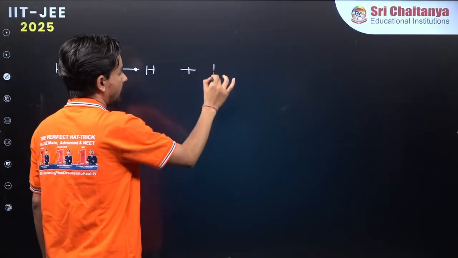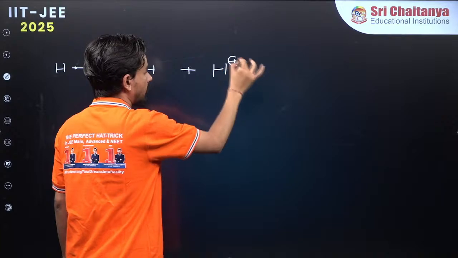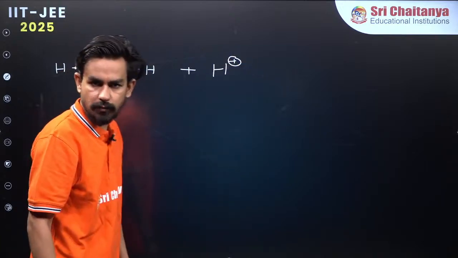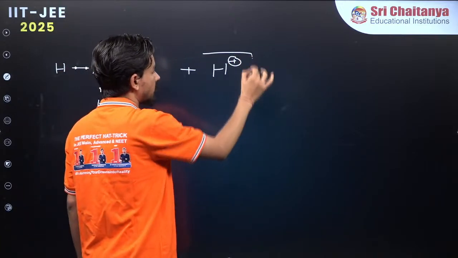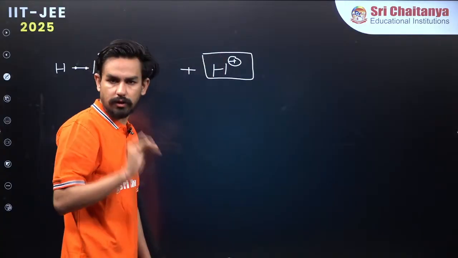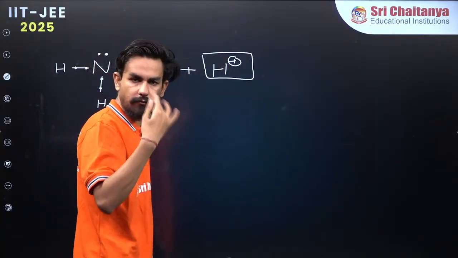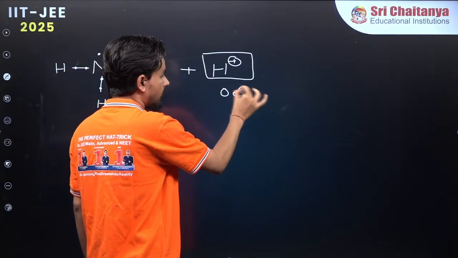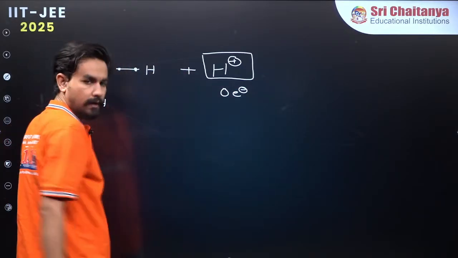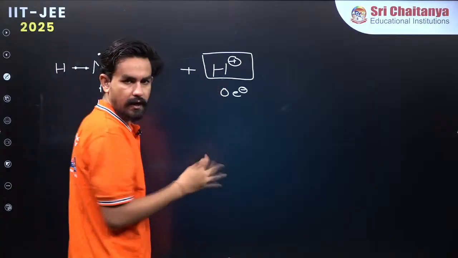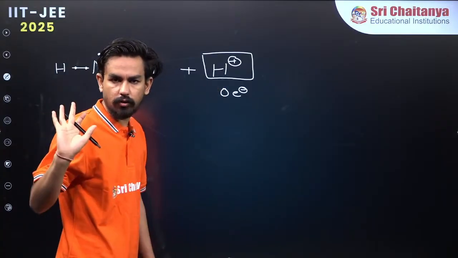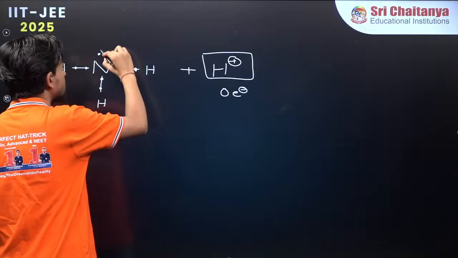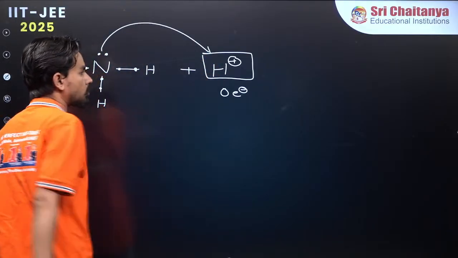When we add an H plus to this, tell me how many electrons are there with H plus? H plus means hydrogen with 1 electron lost. Hydrogen has only 1 electron, and if it is lost, then it has 0 electrons. If this has to get bonded, it cannot provide any electron. It does not have any electron to provide. So what happens is nitrogen provides both of them.